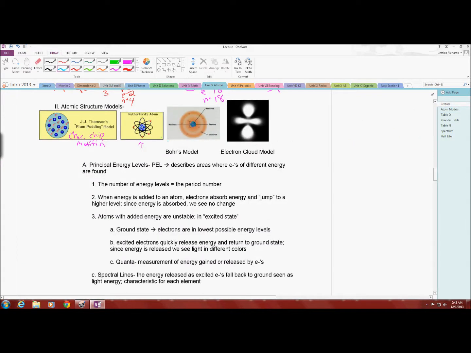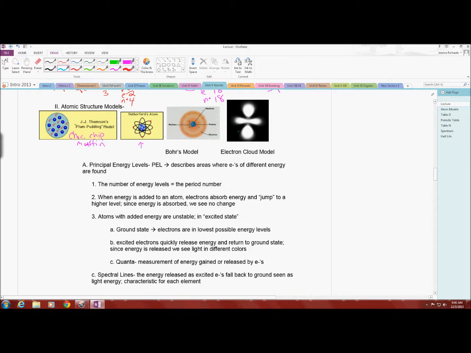Okay, so in our lecture notes, we have J.J. Thomson's. We learned that atoms are mostly empty space. We have Rutherford's model. Rutherford's model was too simplified because we knew electrons had different amounts of energy, so Bohr put them in principal energy levels. And then Bohr's model, also an oversimplification, didn't explain all of the movements.